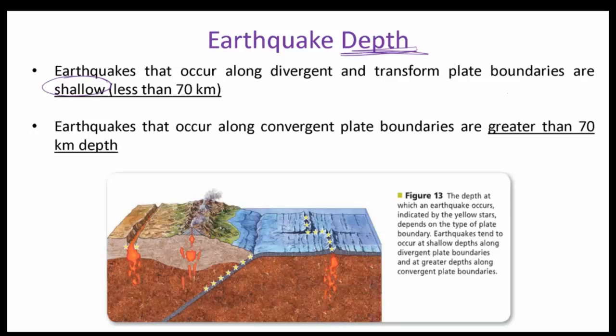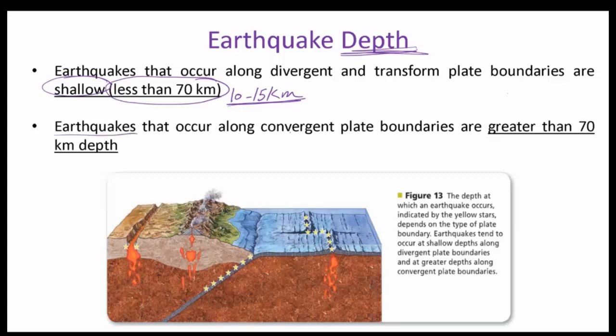Shallow means it's not deep in the crust. Usually, the earthquake occurs at a depth around 10 to 15 kilometer. So usually in general, its depth is less than 70 kilometers.